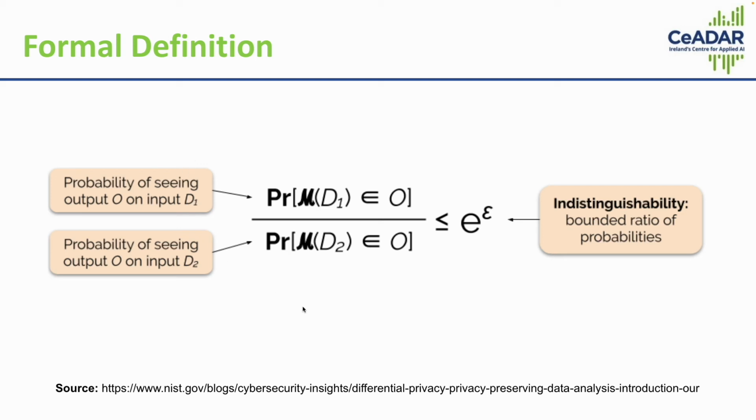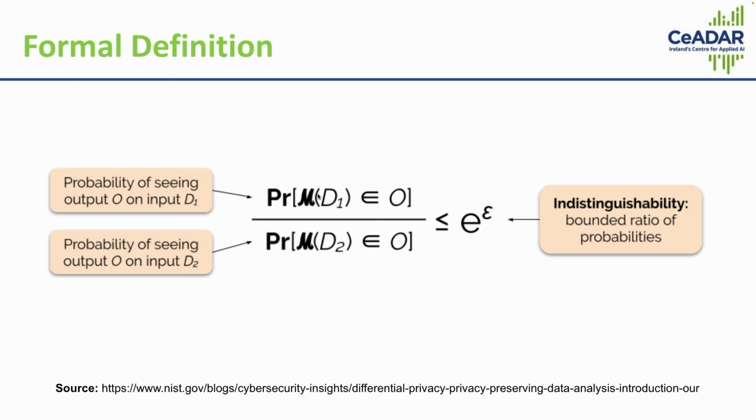There's no way another auxiliary information could be used to de-identify someone from these data sets if the mechanism of analysis itself is differentially private. Note that it's not the data set which is differentially private, it is the mechanism that is differentially private. I've mentioned this before also, and we should stress it again, that differential privacy is a property that these analyses would have, and it's not anything in itself.